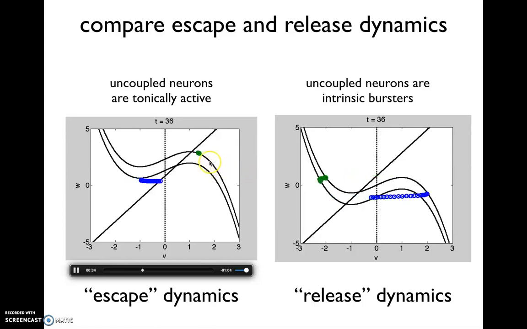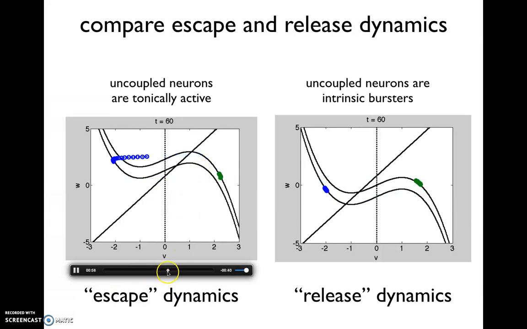Now, the reason why there's two nullclines for voltage is that we need to keep track of whether a particular neuron is receiving inhibition or not. So the lower nullcline is the one that is relevant for a neuron that is receiving inhibition from the other neuron that it's connected to.